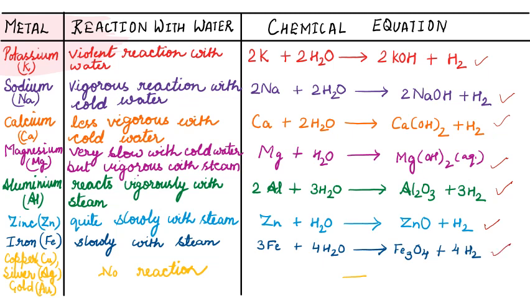And there are three metals, copper, silver and gold. They show no reaction with water. So in this way, today we have learned how metals and non-metals react with water and what are the products which are formed after the reaction with water.